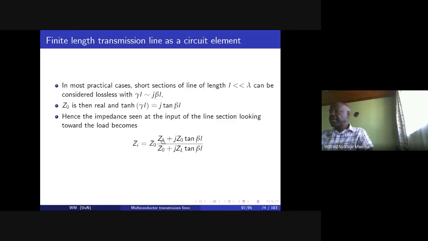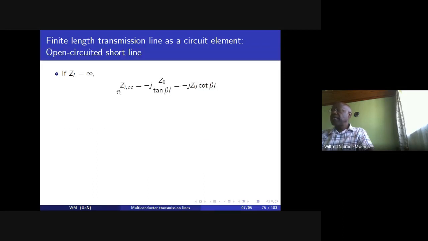ZL is infinity, therefore Z0 can be ignored in relation to ZL, and here Z0 can be ignored in relation to j ZL tangent of beta L. And that's why we have this expression that is approximately minus j Z0 by tan beta L, and we can write it as minus j Z0 times the cotangent of beta L.